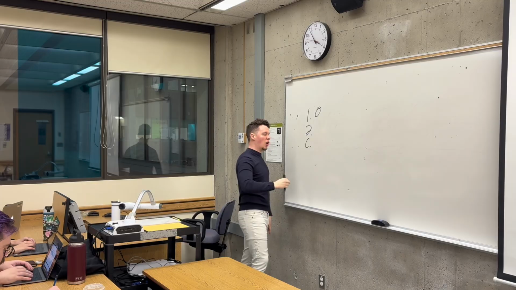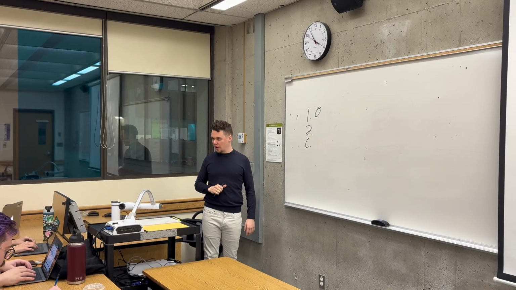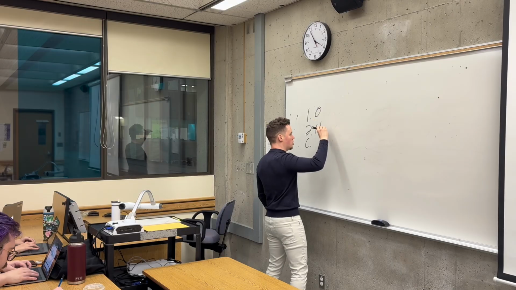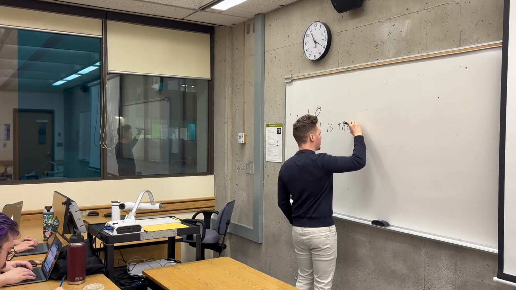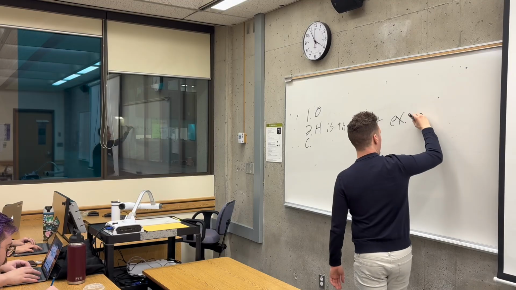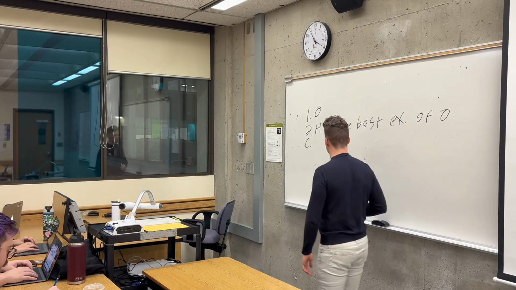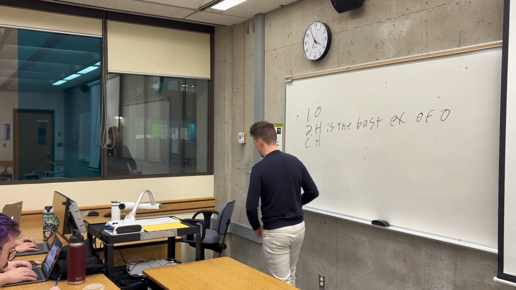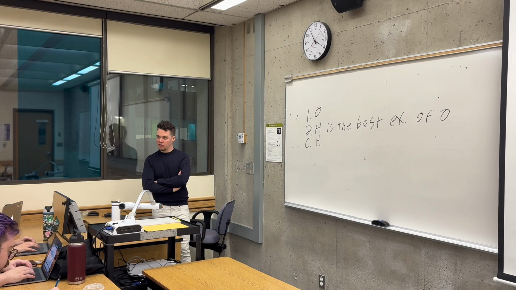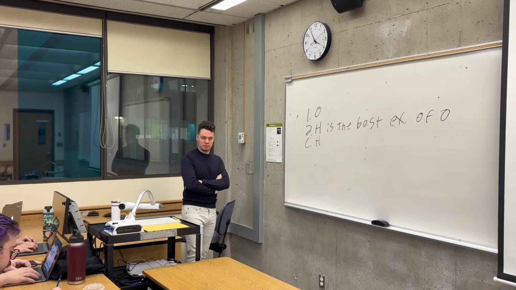One, O, and we use O as just shorthand for observation. So you observe something. Two, H is the best available explanation of O. Conclusion, H. That's abduction, or inference to the best explanation.